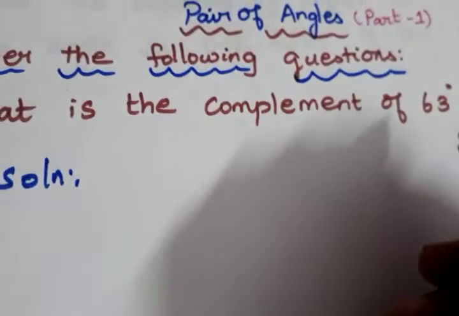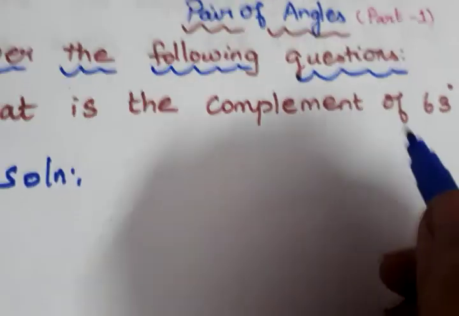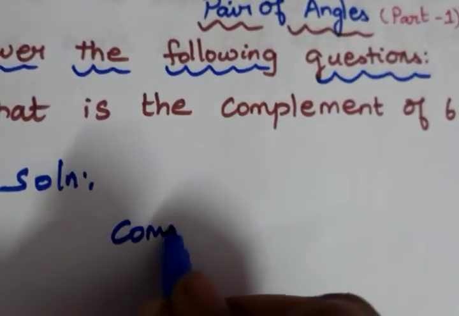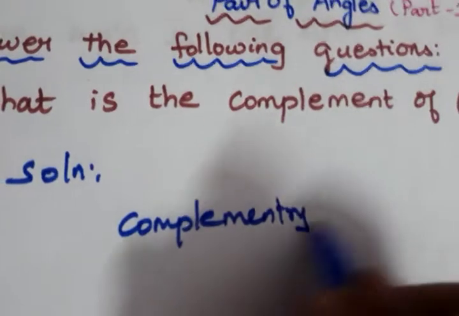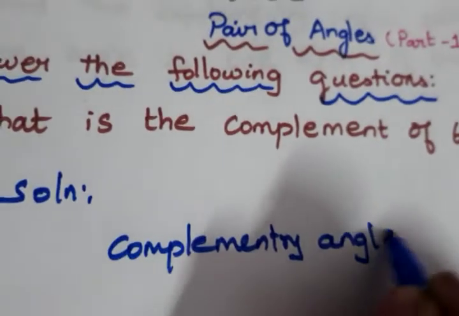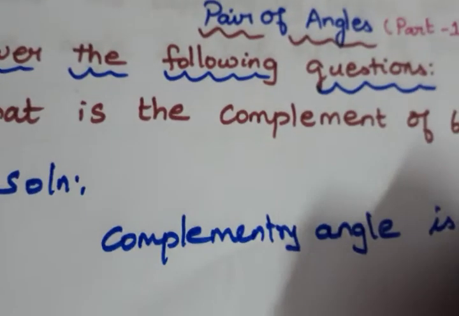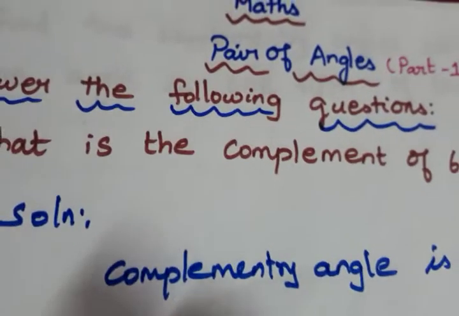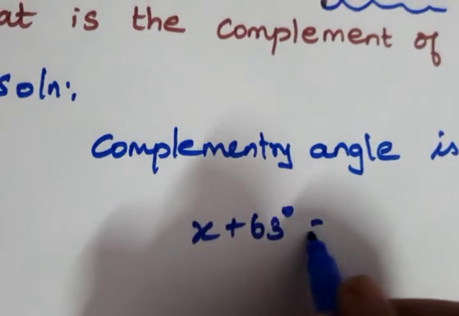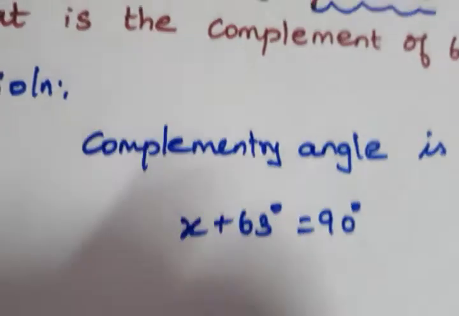Complementary angle of 63 degree. So complementary angle means 90 degree. x plus 63 degree equal to 90 degree.